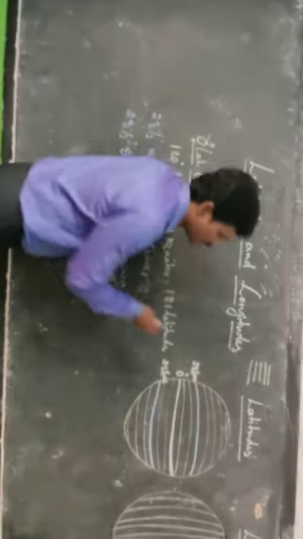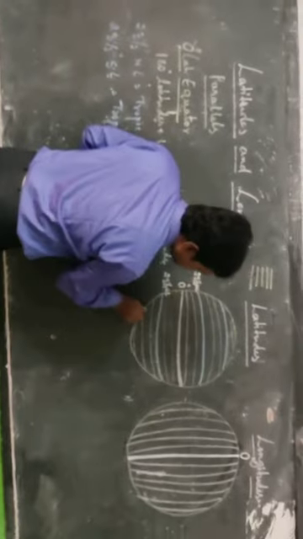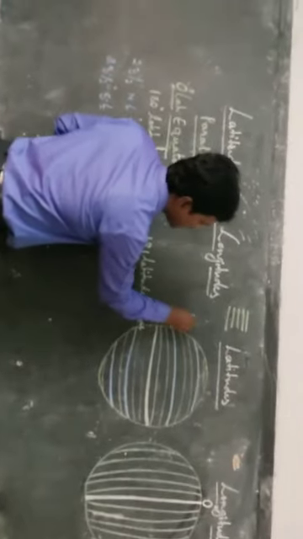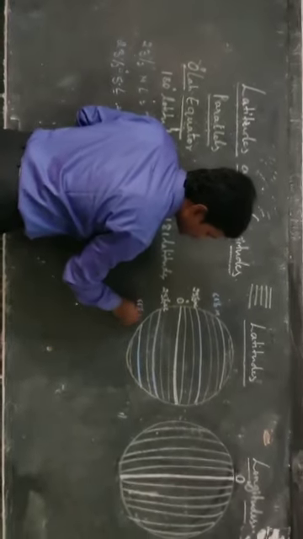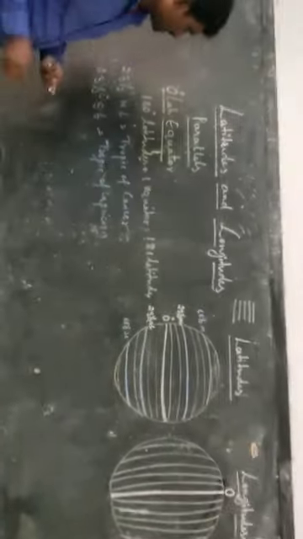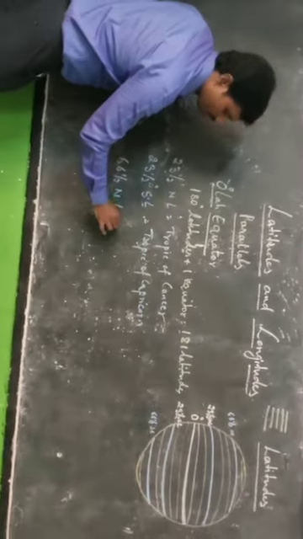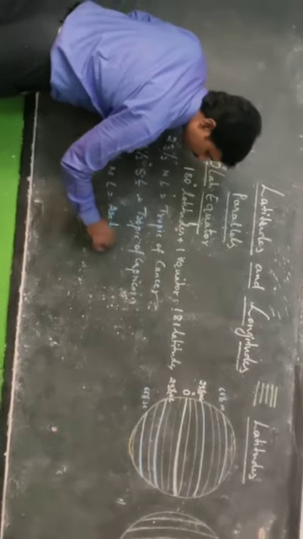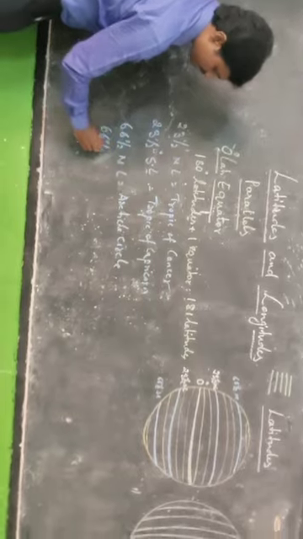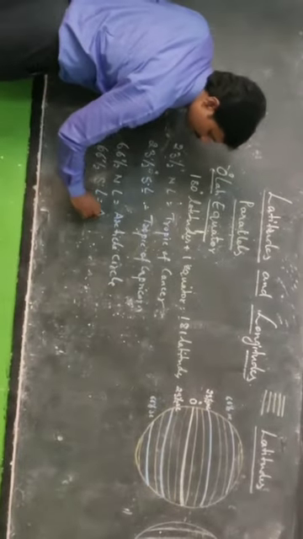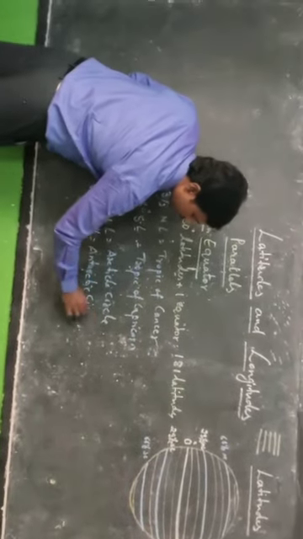In the same way, 66.5 degrees north latitude and 66.5 degrees south latitude. 66.5 degrees north latitude is called Arctic Circle, and 66.5 degrees south latitude is called Antarctic Circle.